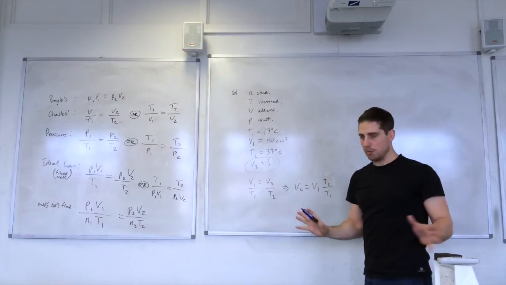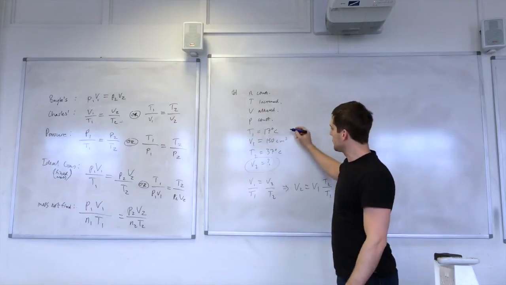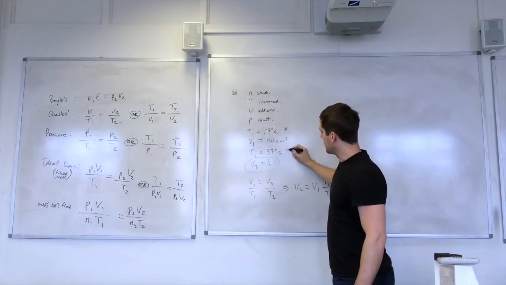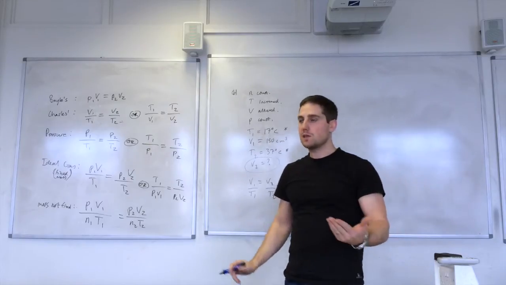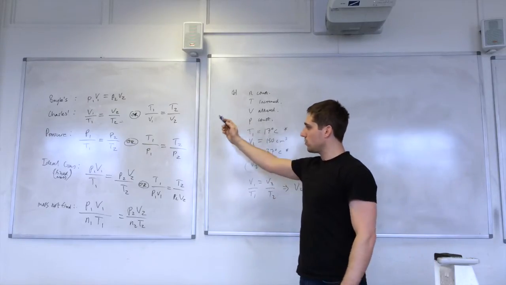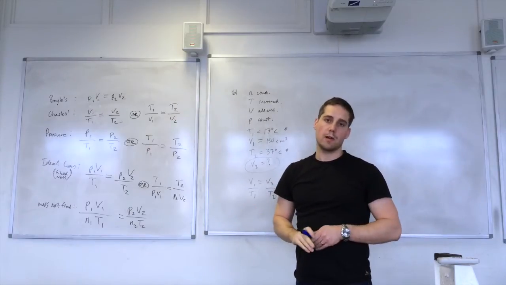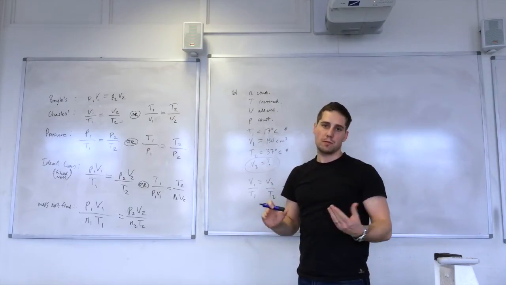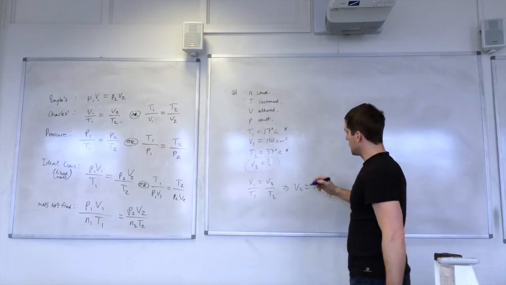Now before I start putting my values in, there's an important conversion to do, which is for these two temperatures here. They are given to us in degrees C, but all the gas laws, wherever you see a temperature, that must be in Kelvin, must be on the absolute scale in order for the relationship to work. So we need to do our temperature conversions.